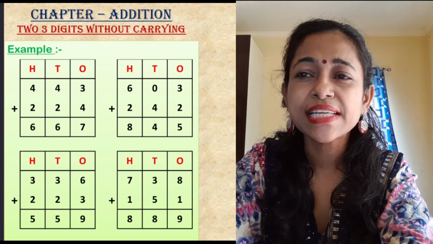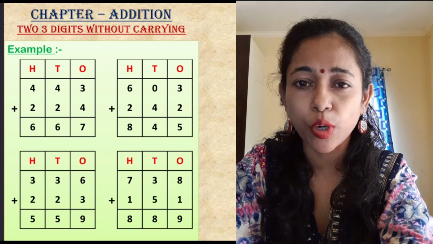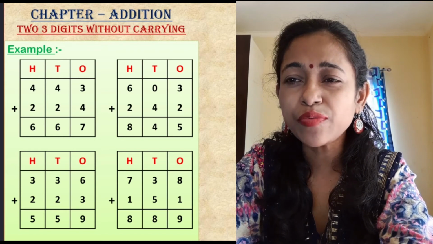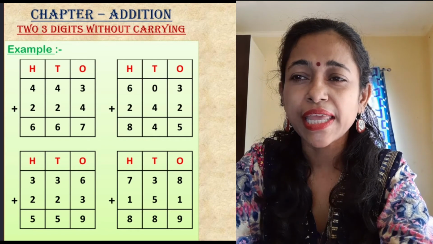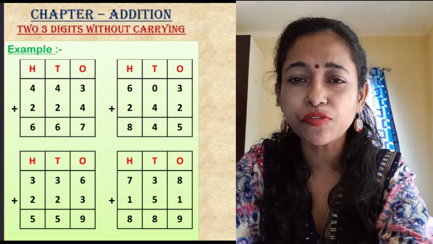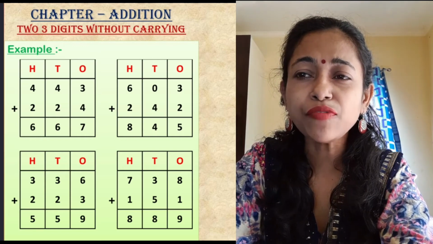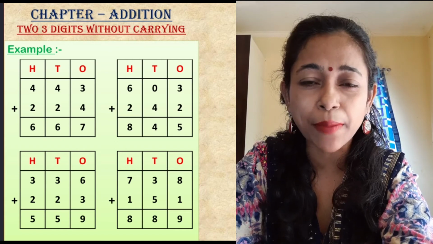The number is 603 plus 242. So when we start adding, we start again from the ones place. In the ones place, 3 plus 2 is equal to 5. Then we have 0 plus 4. So 0 is no number.